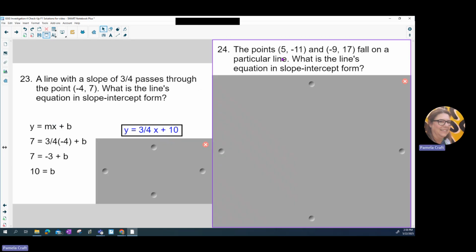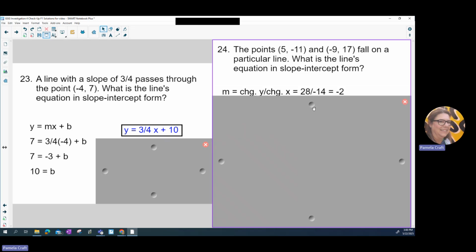Number 24, instead of giving you a slope and a point, they're giving you 2 points. So you need to go one step further this time, and you have to actually find the slope. And then you're going to do the exact same steps that you did in number 23 to find your y-intercept. So I have a point at 5, -11 and -9, 17. So the way I find my slope is I find the change in y divided by the change in x.